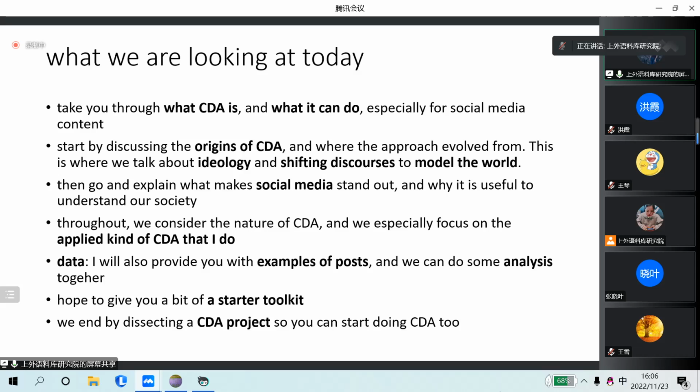First I'll try to explain what CDA is and what it can do for you, for me, on social media especially. We'll look at the origins of CDA and see where it's evolved from. And then we'll also talk about what ideology has to do with this and how social media especially is very useful for shifting of discourses as our world changes.